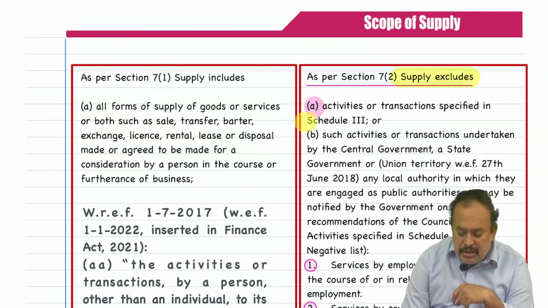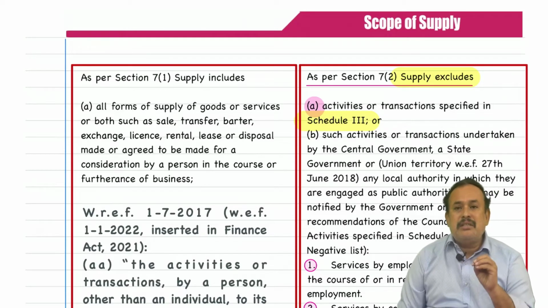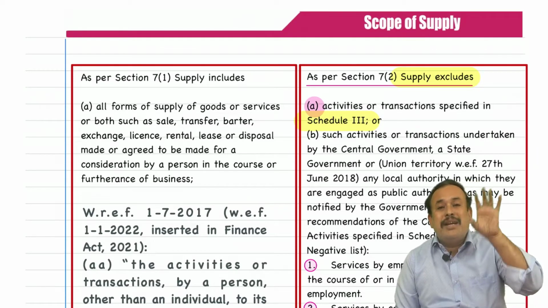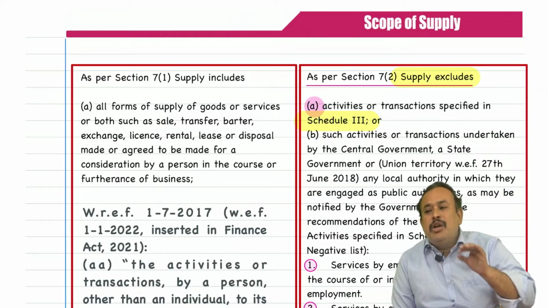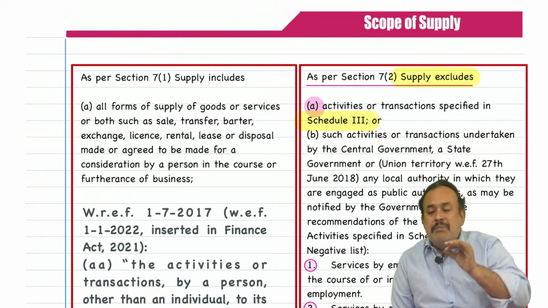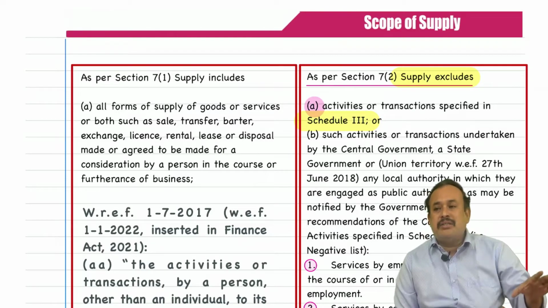Which transactions are covered under Schedule 3? The transactions which are excluded from the scope of supply, meaning thereby the question of payment of GST thereon does not arise.